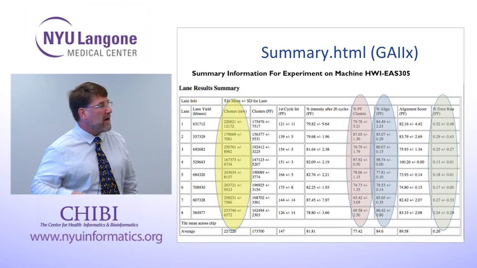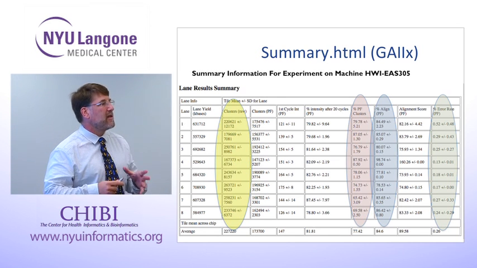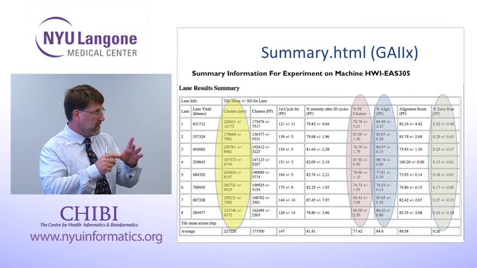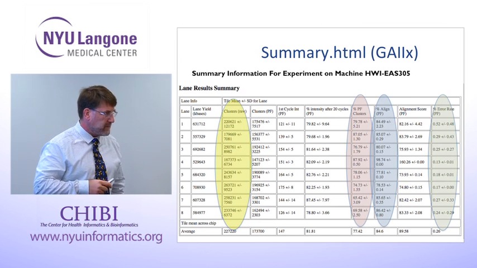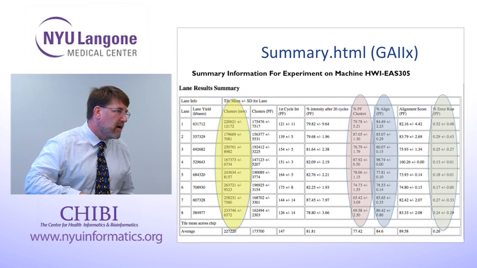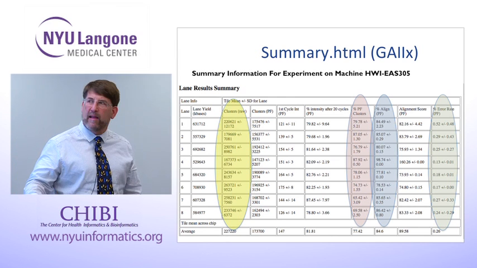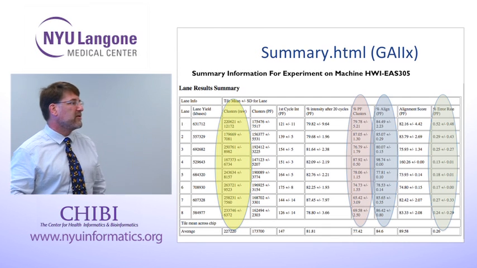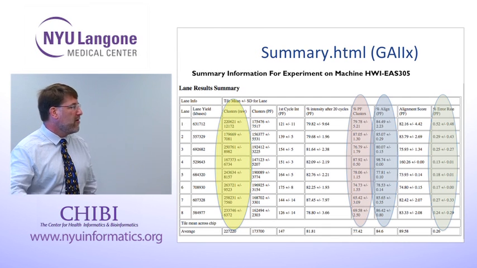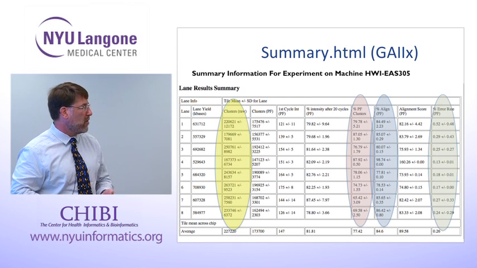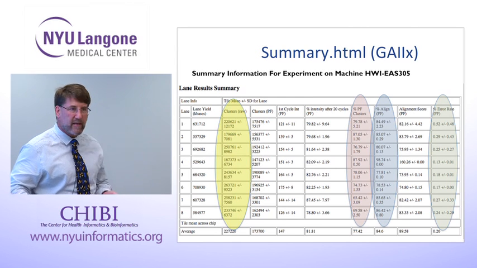It means how accurately the machine was loaded, because it has an optimal concentration of reads per lane that it can produce. If you underload, then your pass filter cluster percent is high, but your total number of clusters is lower than it could be. If you overload, then the spots start to sit on top of each other, and you get more errors during the sequencing process.